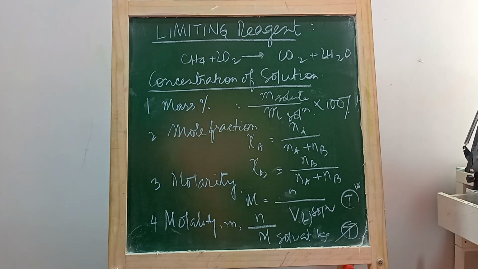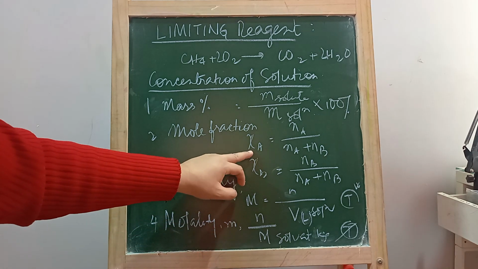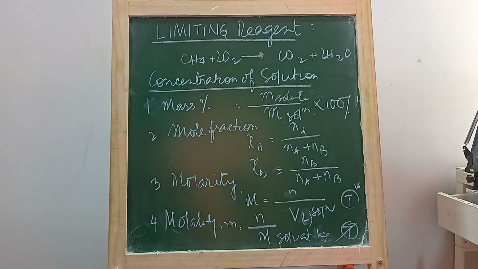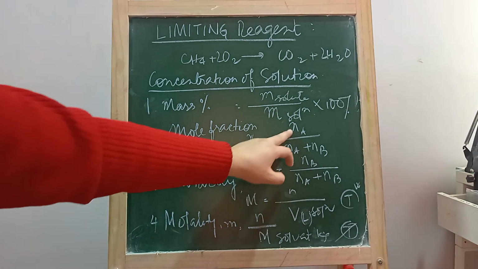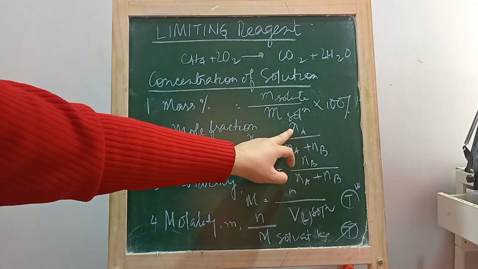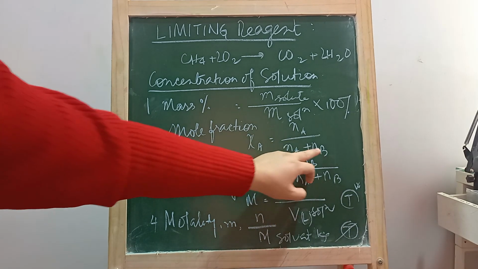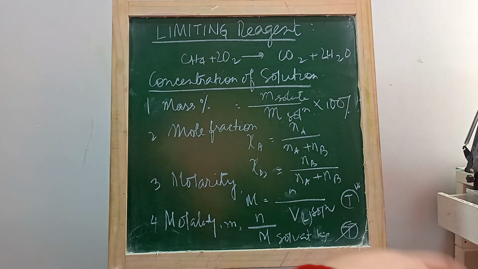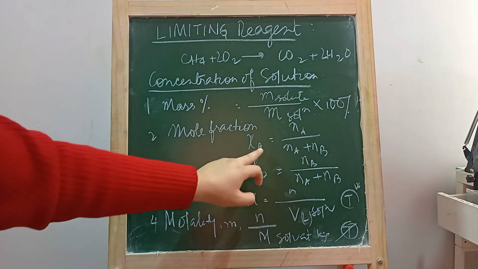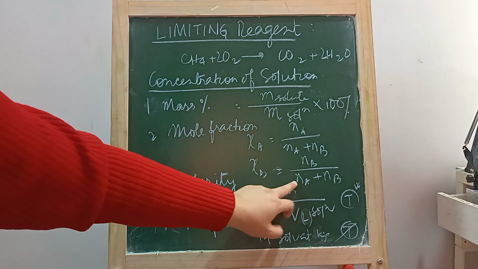And what is a mole fraction? Suppose in a solution there are two components, component A and component B. The mole fraction of a particular component of a solution is nothing but the ratio of the number of moles of that substance to the total number of moles present. Similarly, the mole fraction of component B of the solution will be Nb divided by Na plus Nb.